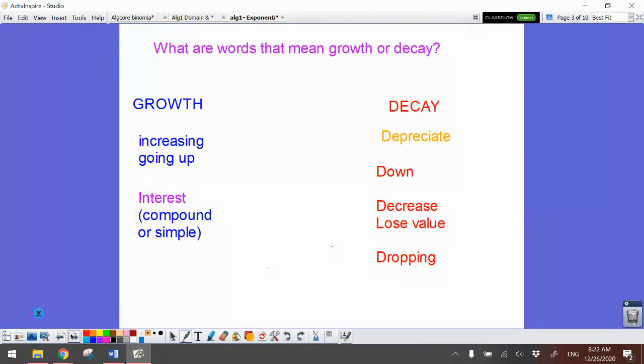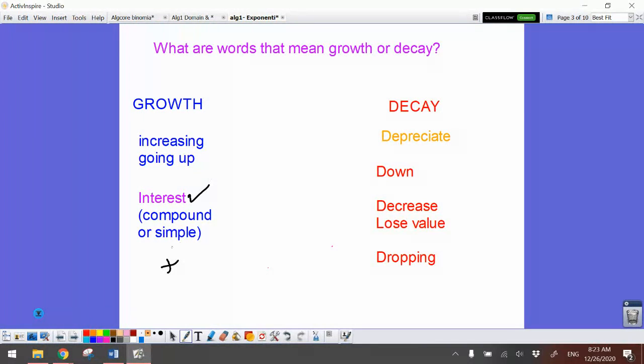Okay, so here's some words that we need to know, because this is going to determine whether we're going to grow or we're going to decay, because it makes a difference in terms of our formulas. So some of the words that mean growth that we're going to see in our problems, if it tells us it's increasing or it's going up, that's going to tell us it's a growth. If we see something about interest, that is also growing, okay?